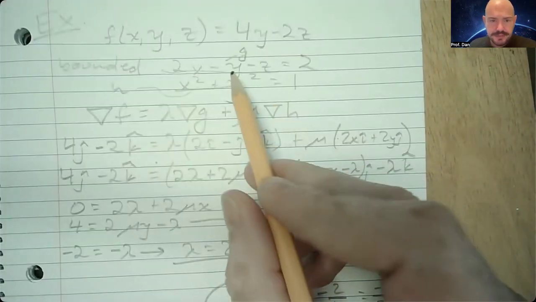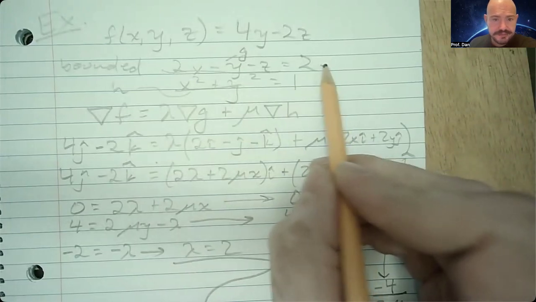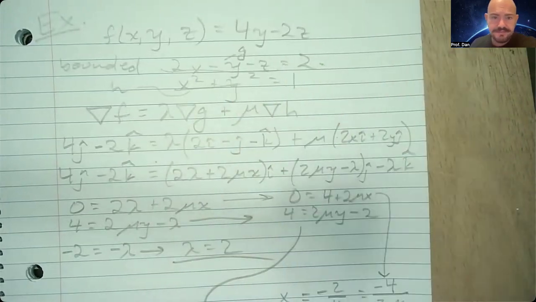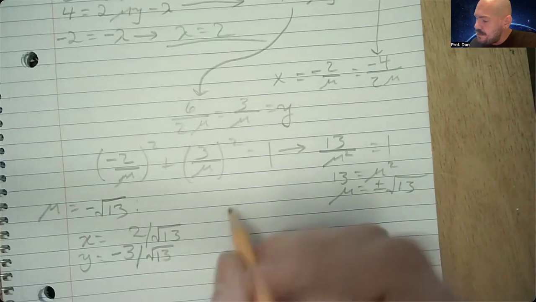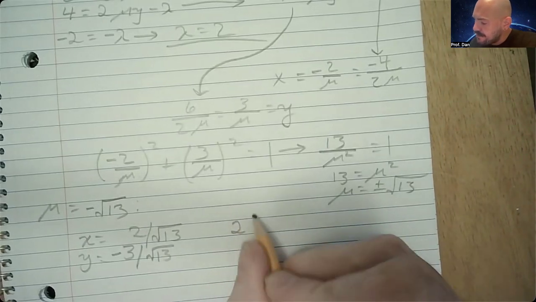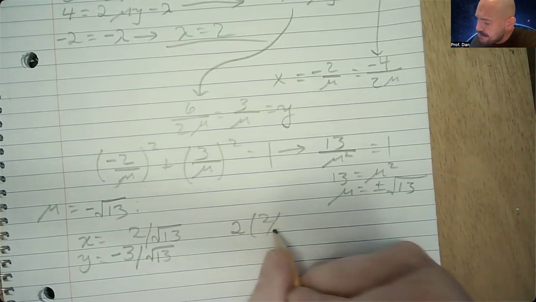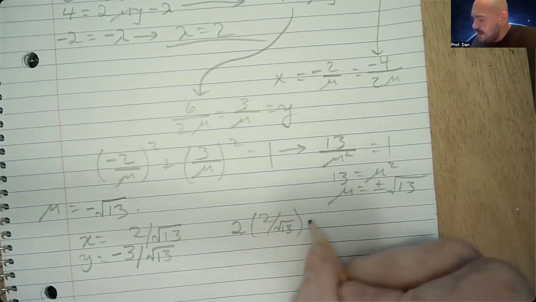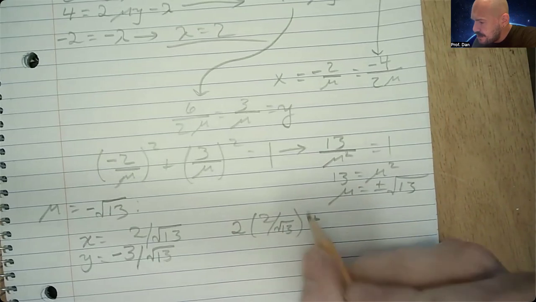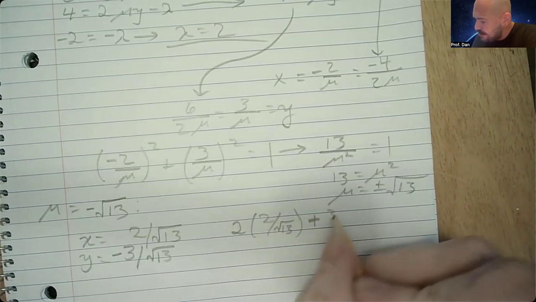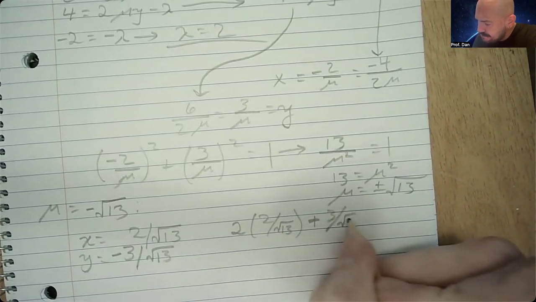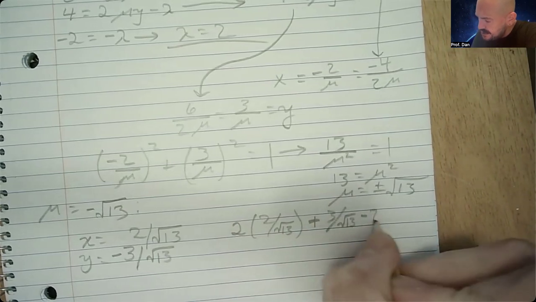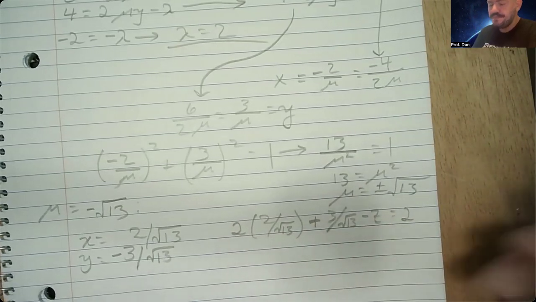If I go back and use my other boundary equation, this one here, the plane, I can solve for the value of z. So I have 2x minus y. So that'll end up being plus 3 over square root 13 minus z is equal to 2.